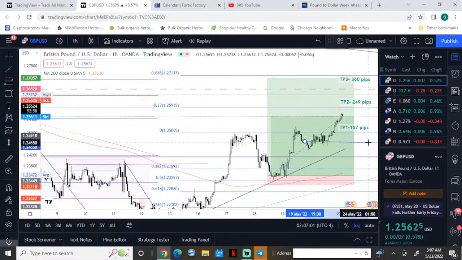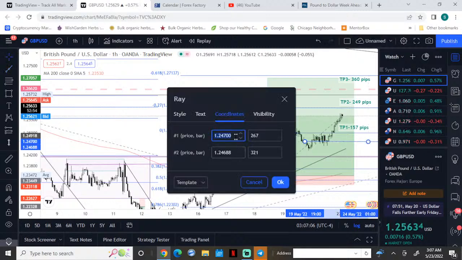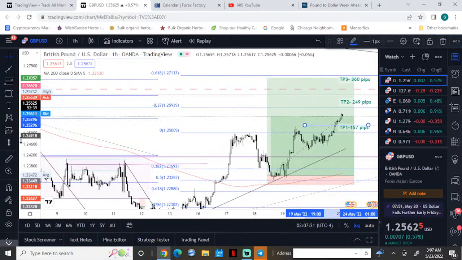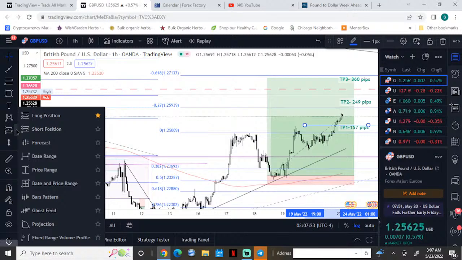And again, the easiest way, just plop it on there, double click, enter my coordinates, 1.25296. That's the re-entry right there.